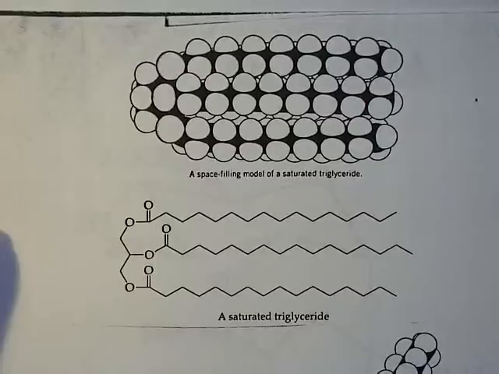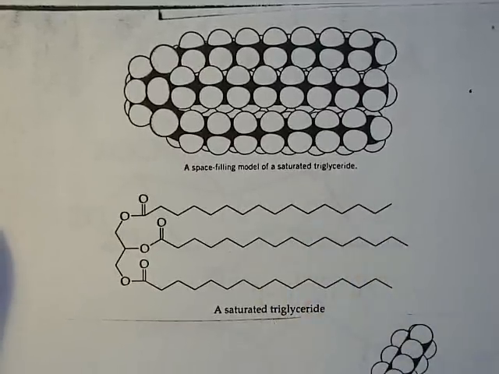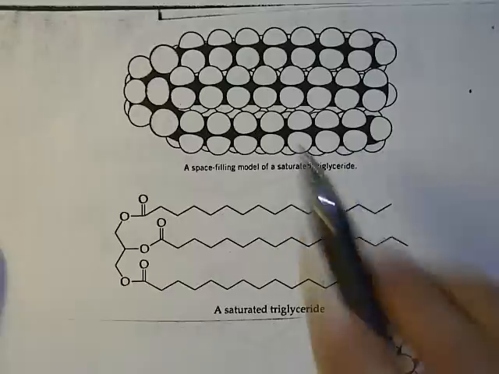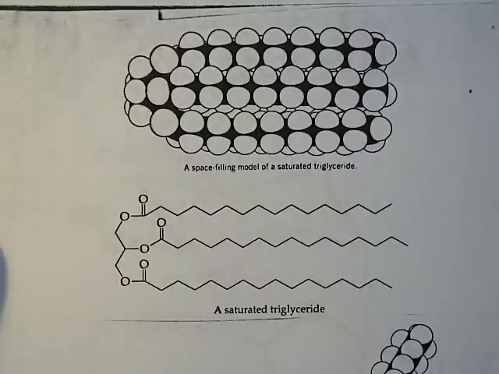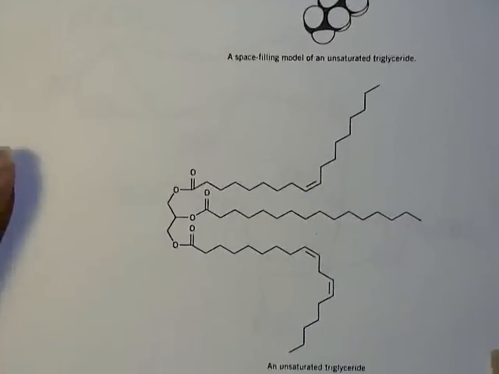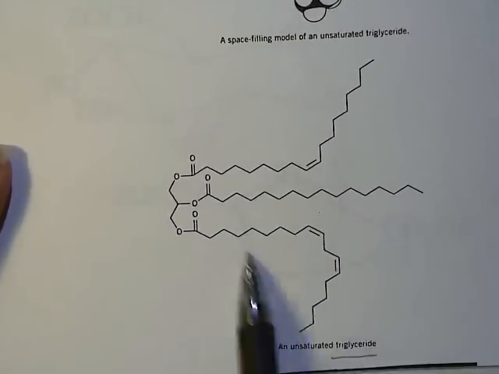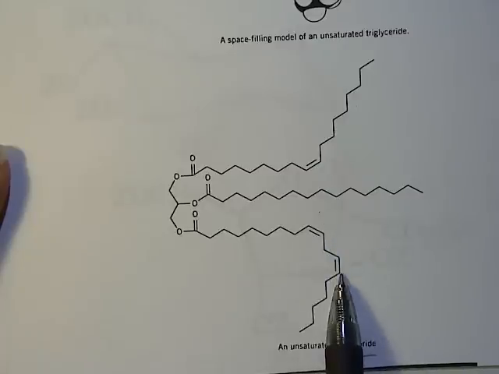The reason why they're solid at room temperature is because they're able to be stacked nicely, as you can see, to form a solid, whereas oils are unsaturated triglycerides, so their R groups have kinks in them.